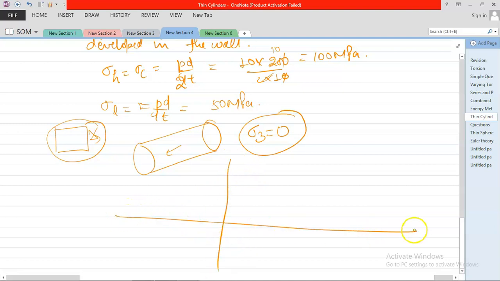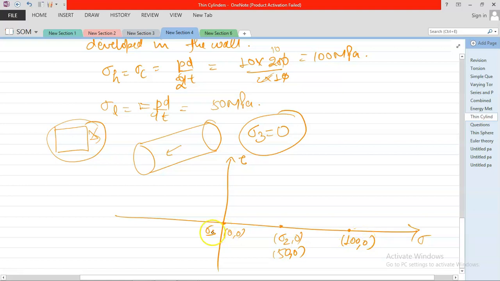I am going to draw the Mohr circle, sigma versus tau. Now you have one sigma 3 that is 0, 0. Another longitudinal is 50, so I am writing sigma 2, that is 50, 0, and another is 100, 0. Now you can draw three circles from it.